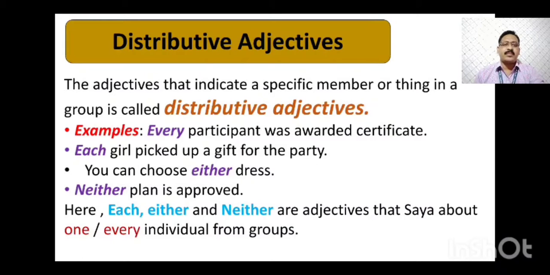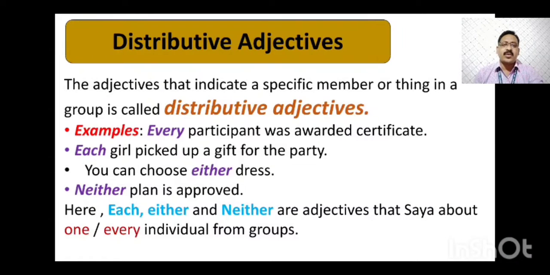Each girl picked up a gift for the party. Means we are talking about each and every girl, every single girl. You can choose either dress. Means both dresses are given, any one you have to choose. Neither plan is approved. Means so many plans have been given there, but not even a single plan was approved. So you can see we are pointing out in each sentence every particular participant or girl or dress or plan.